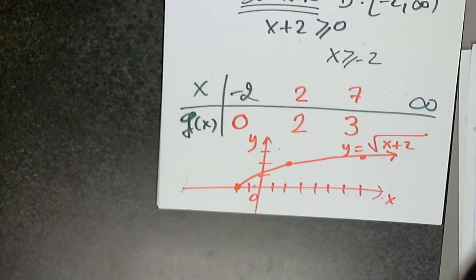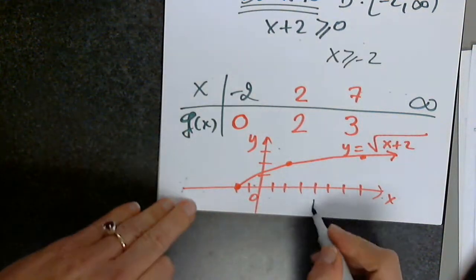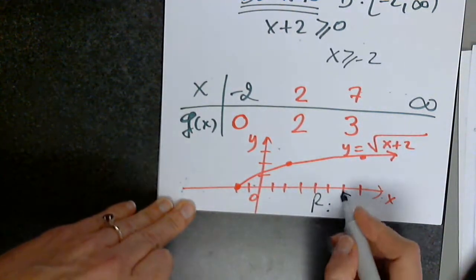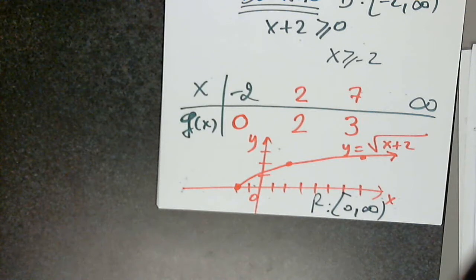And we know the range, right? If there is nothing in front, no negative signs or nothing connected to the radical, the inside greater than or equal to 0, the outside greater than or equal to 0. So what would be the range of this function? Yes. 0 to infinity.